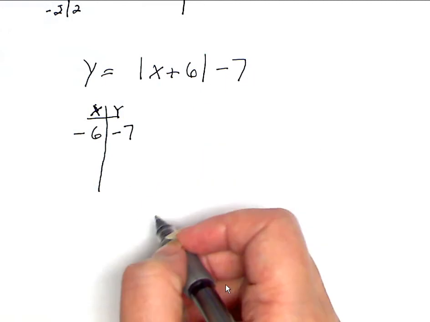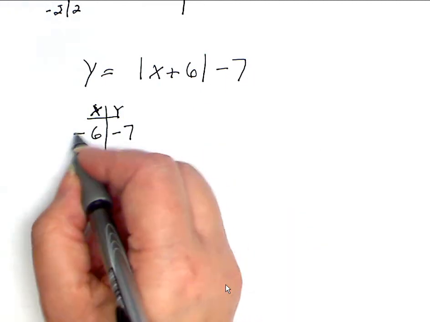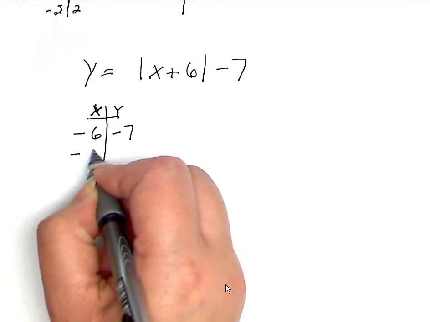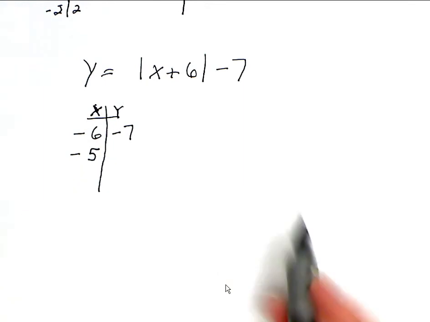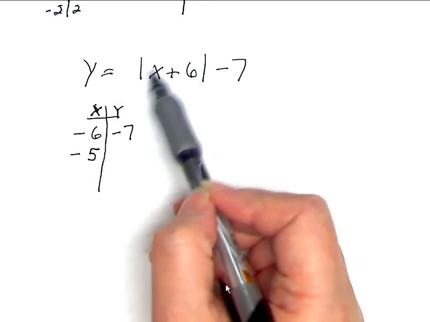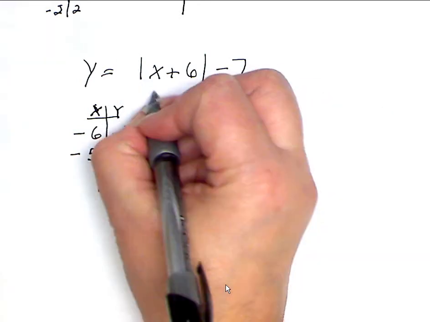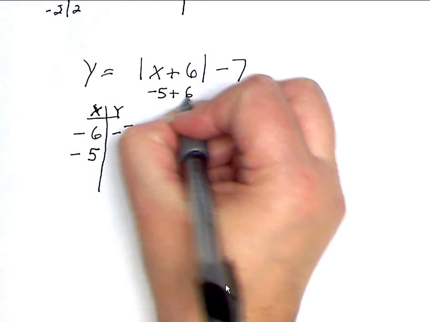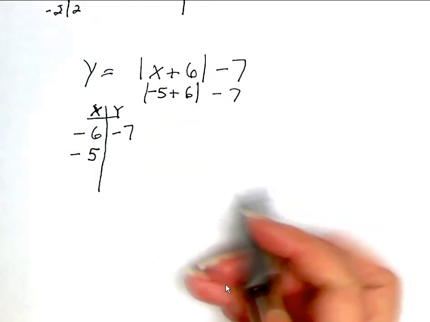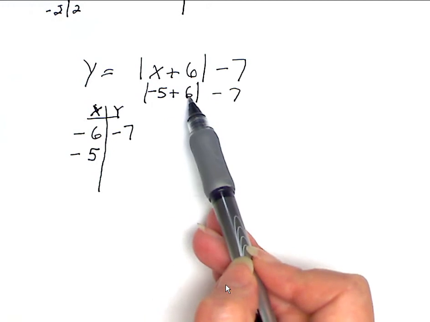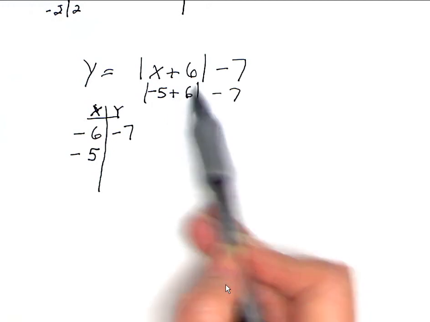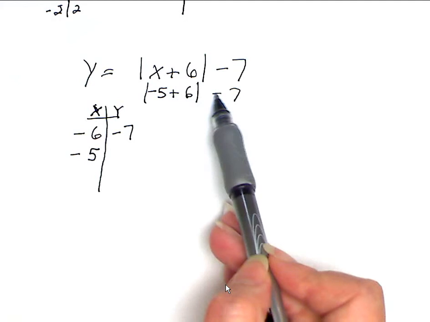Then I want to go one way. I'm going to go negative 5. If I put in negative 5, we have negative 5 plus 6, absolute value, minus 7. So negative 5 plus 6 is 1, absolute value is 1, and then 1 minus 7 is negative 6.